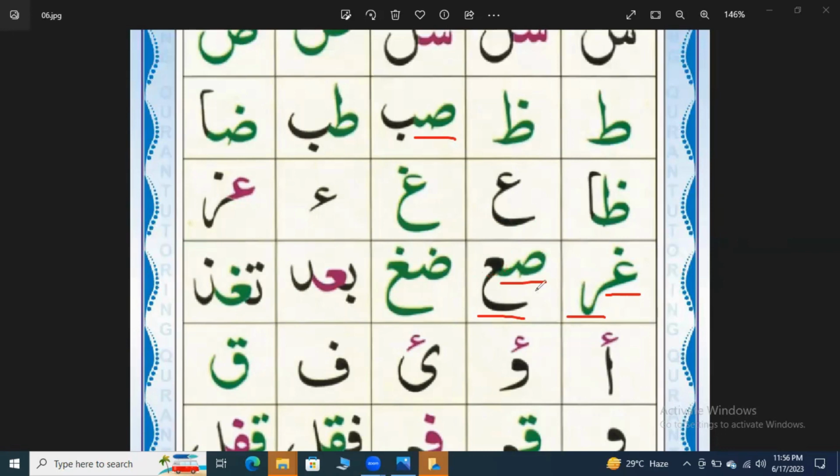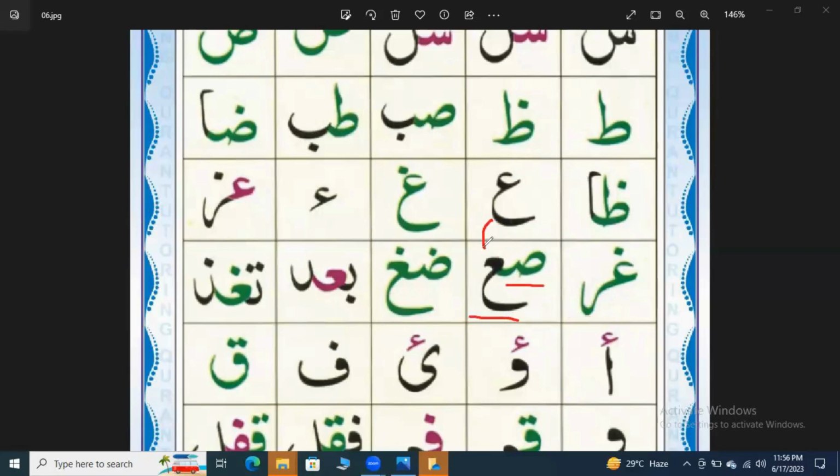It will look like this one. So when Ain is written in the middle and at the end of a word in joint form, then Ain will be written in this shape instead of this one. So this one is Sad and this one is Ain.